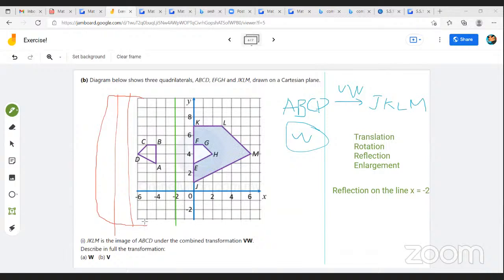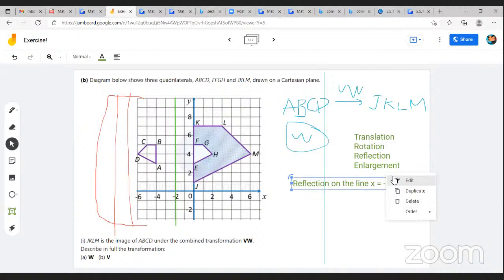That will require both y and x. So watch out for those as well. But for now, we won't look into that. Give me a second. I'll go back here and erase that. So we start with reflection on the line. So we know that transformation W, which is A, is reflection on the line x equals -2.